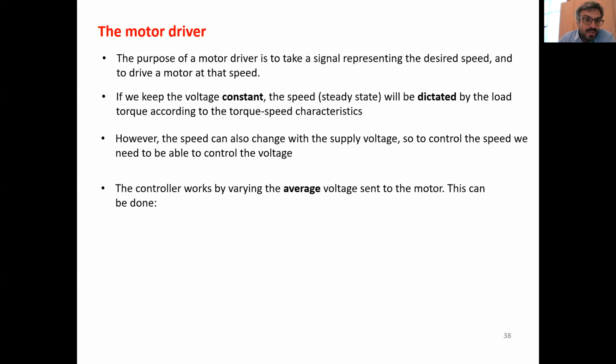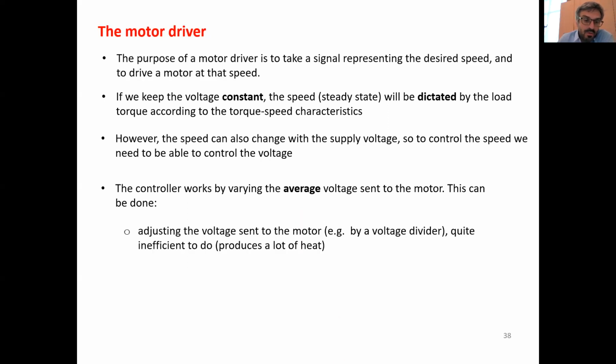And to control the voltage, we will see that we use a motor driver, and we can say that if we change the voltage very quickly, the motor reacts to the average voltage sent by the driver and by the controller.